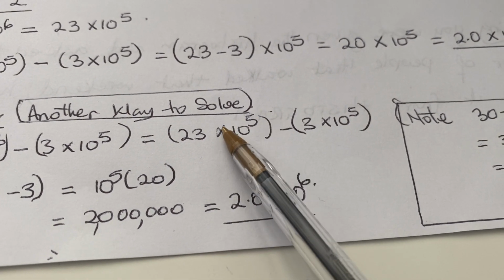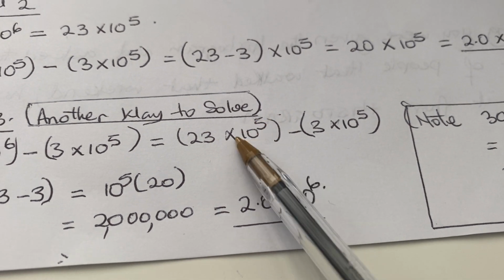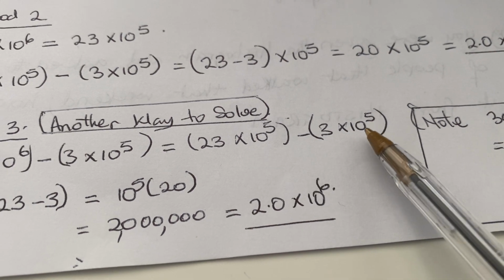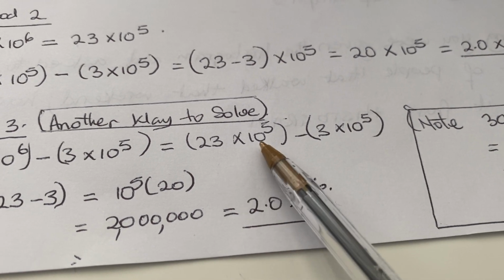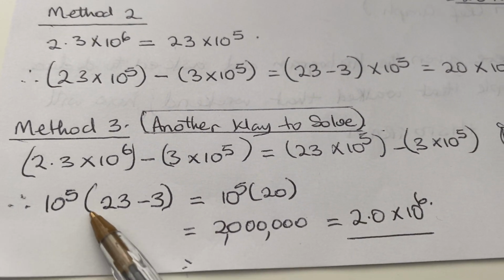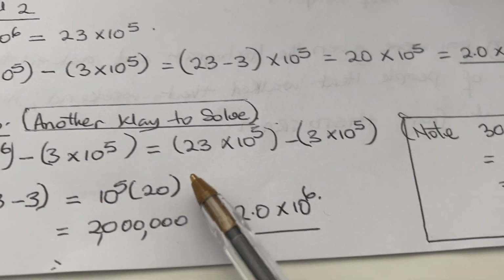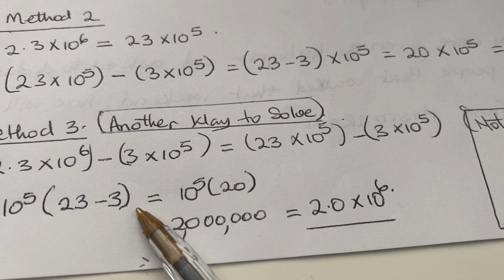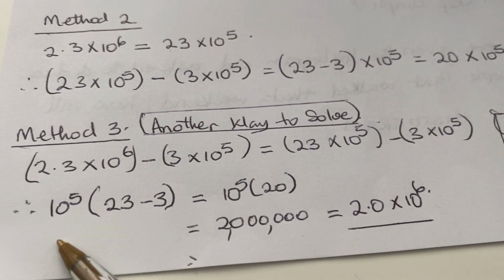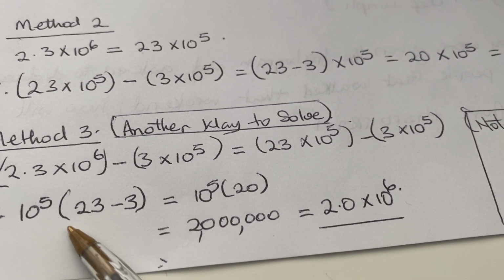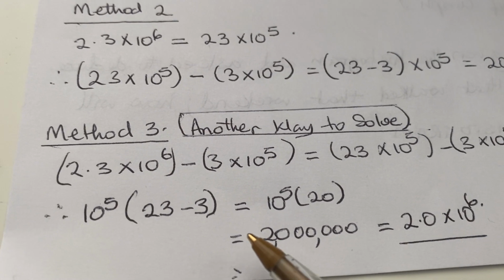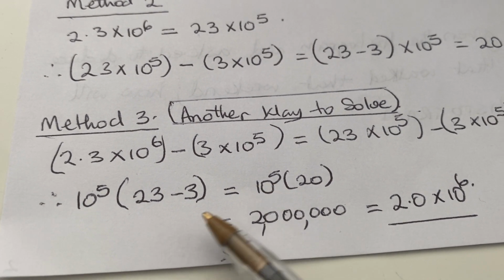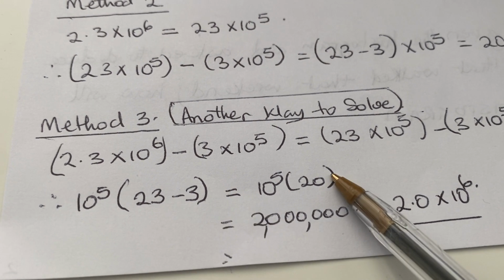I can use factors: 10 to the power 5 is common here, and common here. So if I bring 10 to the power 5 out, I have 23 minus 3. Okay, so now I have 10 to the power 5 times 23 minus 3. Okay, which in the bracket is 20.